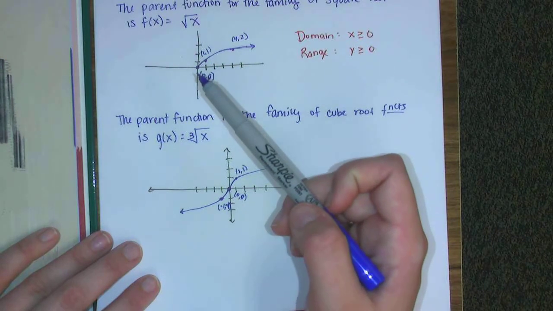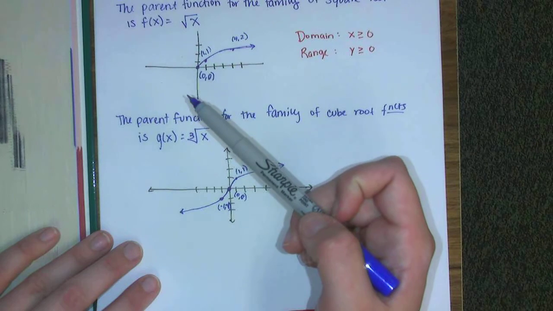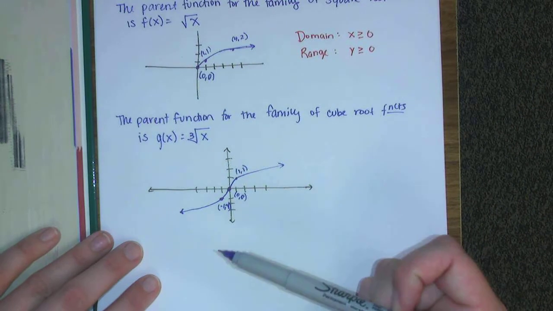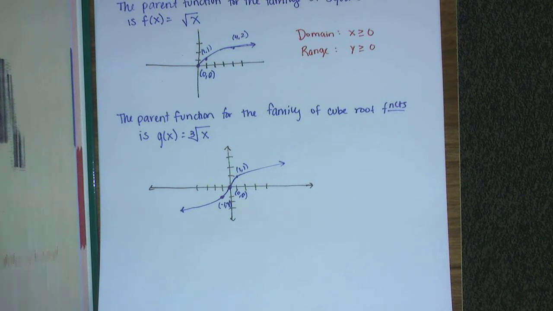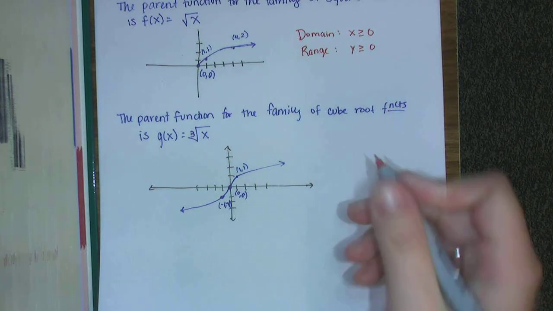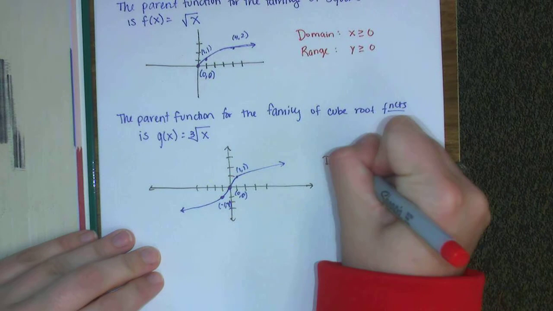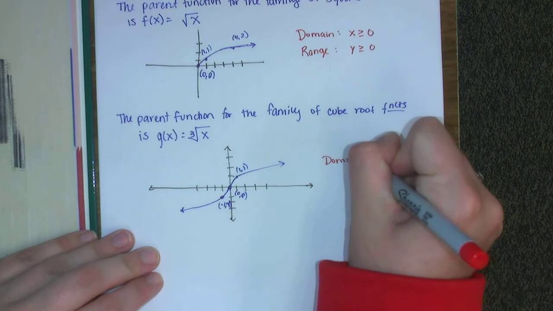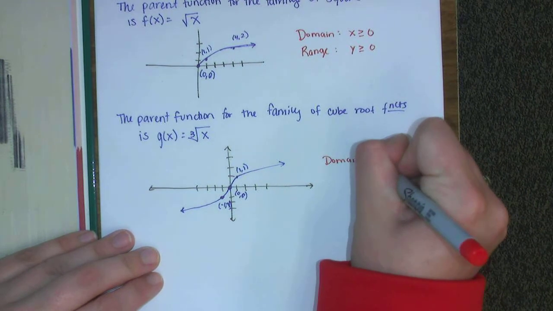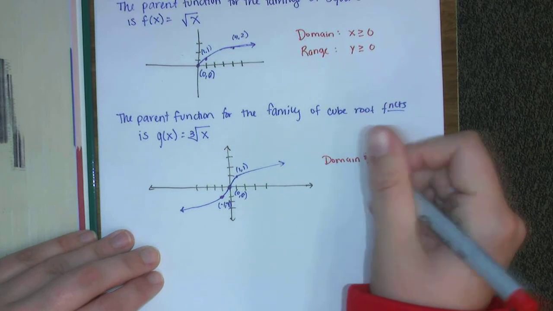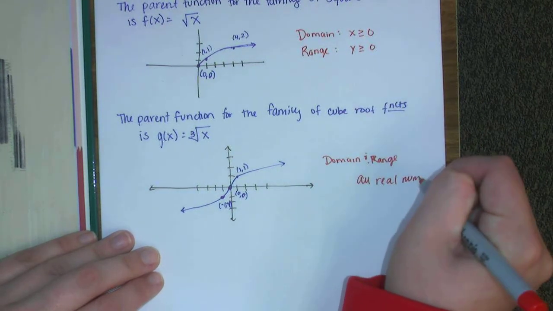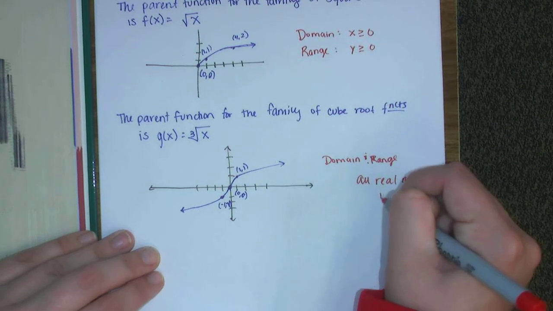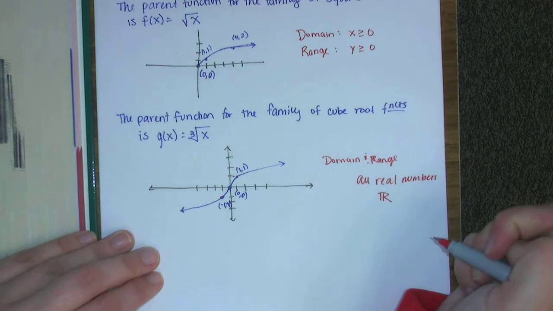So that kind of jumps back a little bit to 6.4 stuff. But that's really all you have to know for that. Domain and range are all real numbers. And remember, typically we write that as that fancy R there.